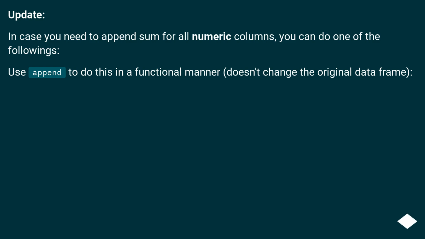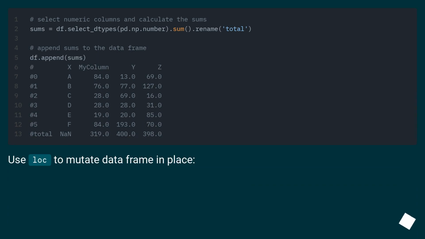In case you need to append the sum for all numeric columns, you can do one of the following. Use append to do this in a functional manner, which doesn't change the original data frame. Use loc to mutate the data frame in place.